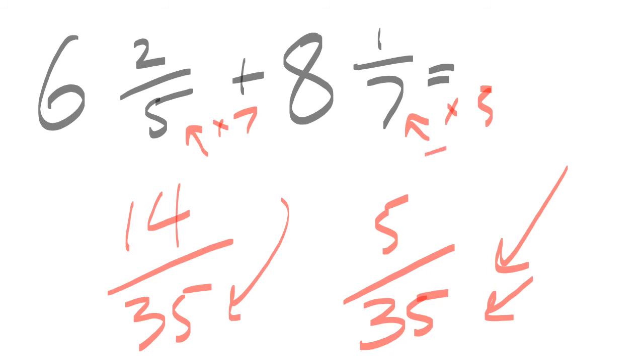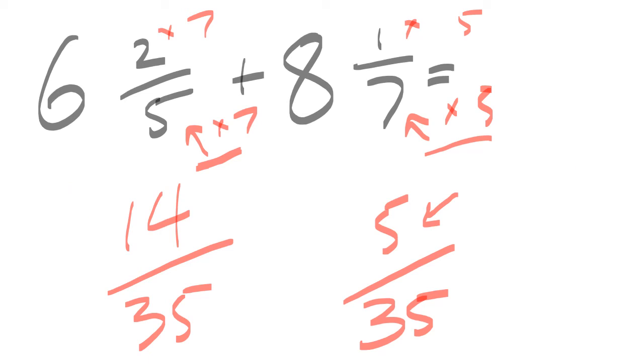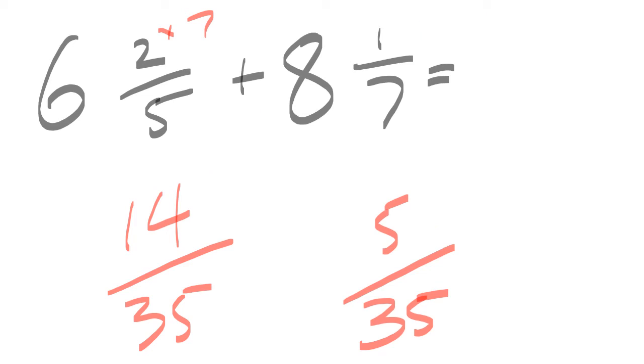So we times 7 by 5, we need to times 1 by 5, which is why we got the 5. We times this 5 over here by 7, which means we've got to times this 2 by 7, which is how we got the 14. Okay, so now we've got some equivalent fractions. Be patient, 1/7 equals 5 over 35. It's the same. 2/5 equals 14 over 35. It's the same. And now we can add these together.